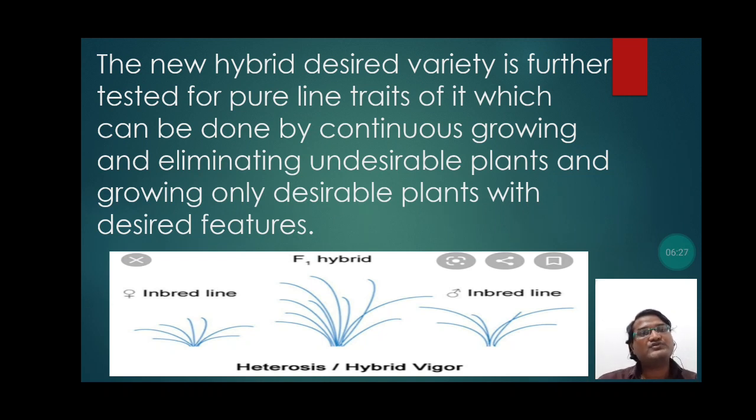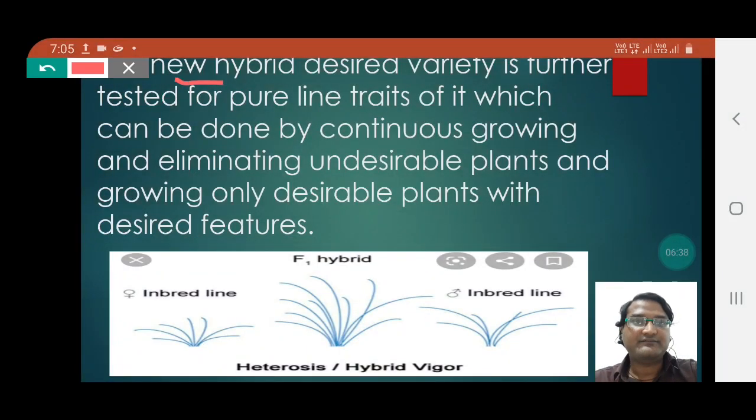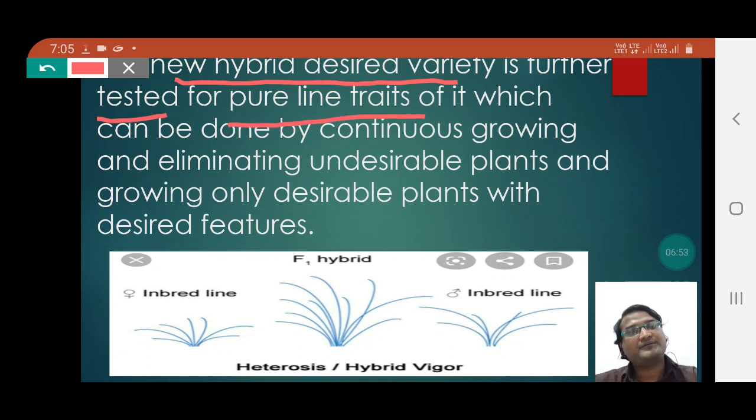Students, it is the most important process to obtain disease resistant plants, where the most selected new hybrid desired variety is not left and rather is further tested for pure line trait.